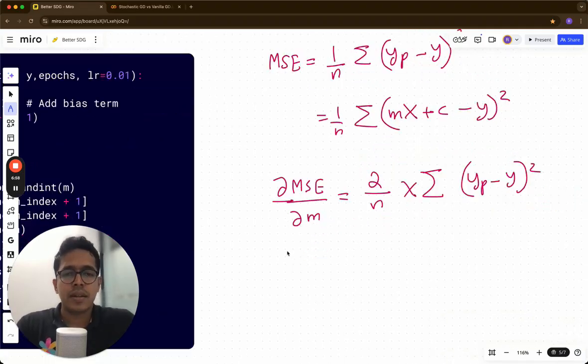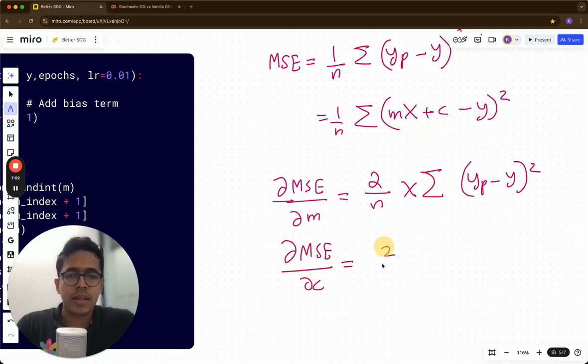And then dou mean squared error by dou c will be 2 by n times, and this x won't be there, because x was the coefficient of m. For c the coefficient is 1 times (y predicted minus y actual) the whole square.